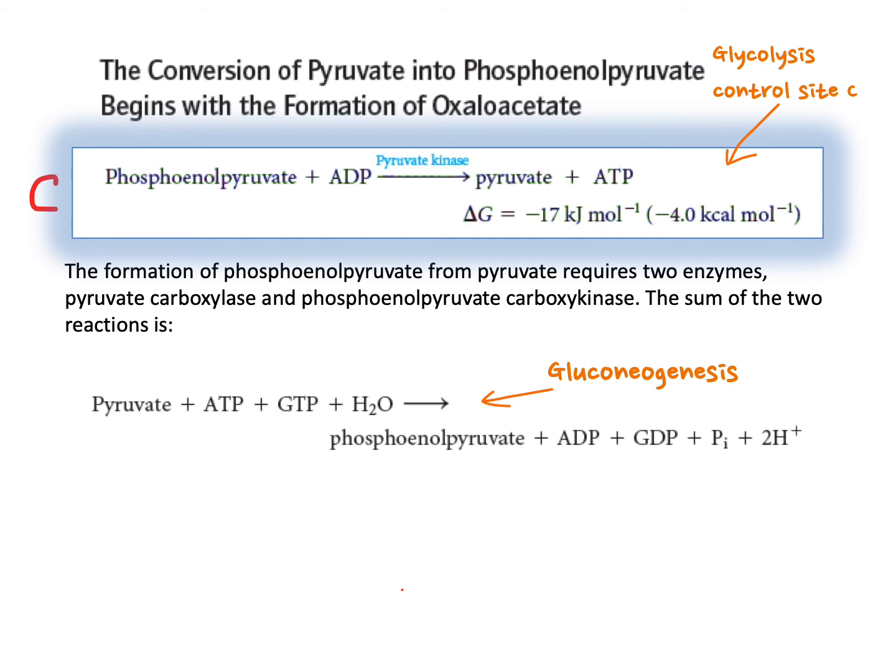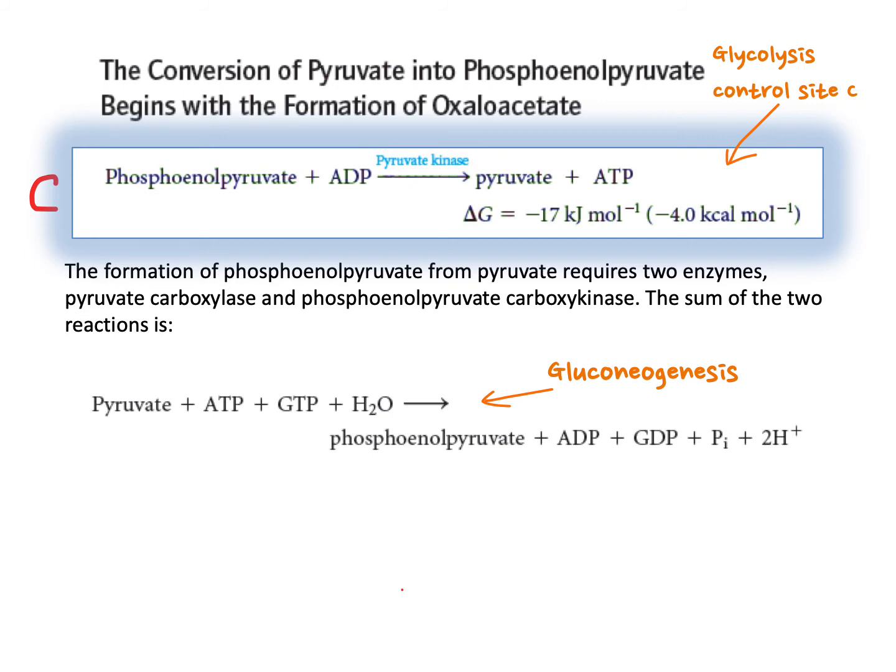In order to reverse it from pyruvate to phosphoenolpyruvate, you have to couple more ATP, like a high energy phosphate compound, to reverse the reaction.